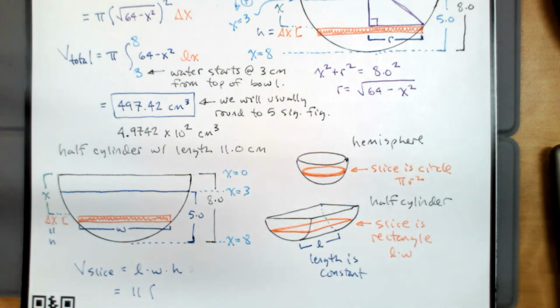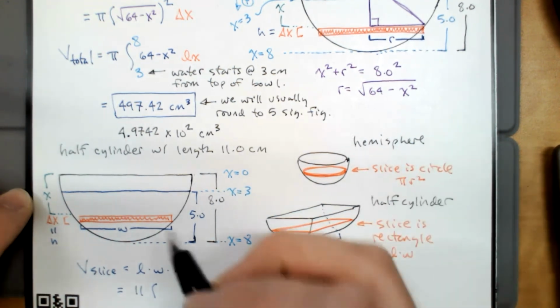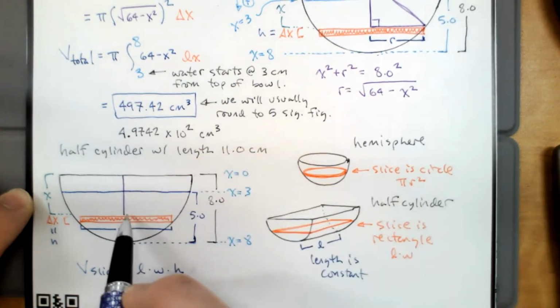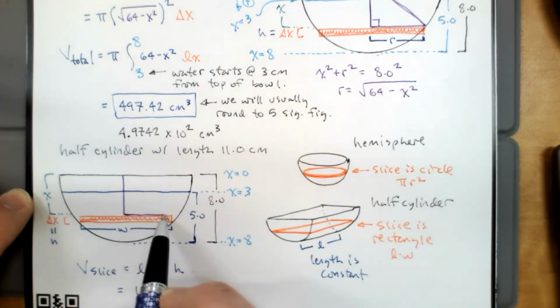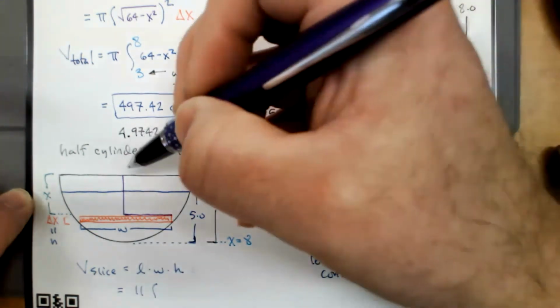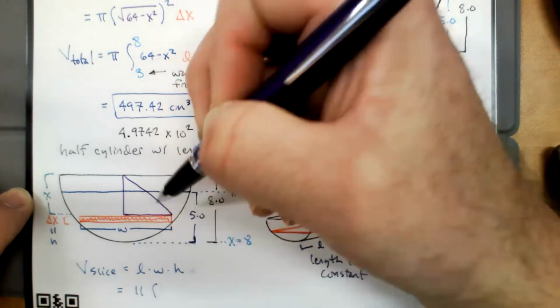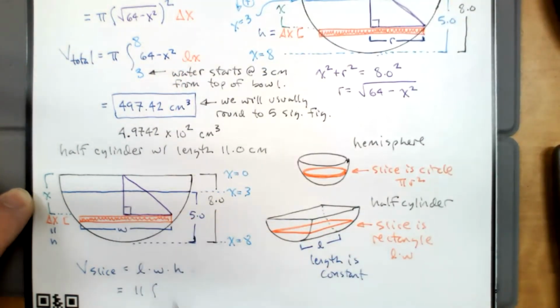So for the width, I could do the same thing we did up here. I could use a triangle, a right triangle from the center of the bowl down to the slice, where one leg is going to be x, the other leg will be half of the width, and the hypotenuse is still 8. But there are 2 copies of the quantity we had before, 64 minus x squared.